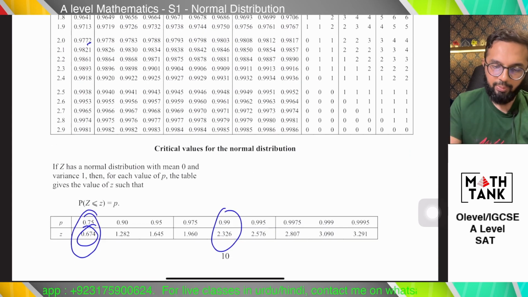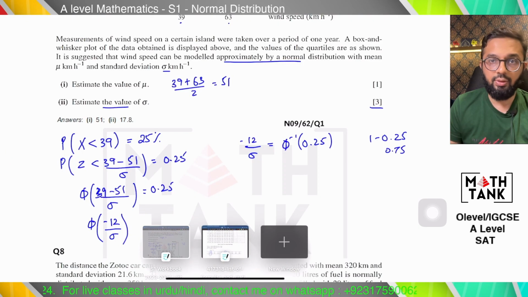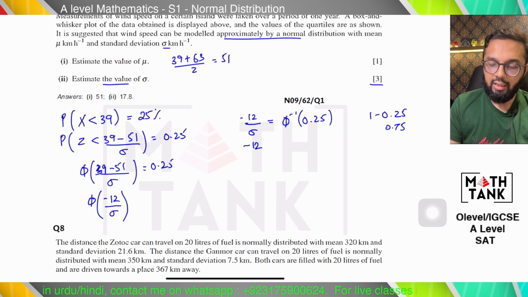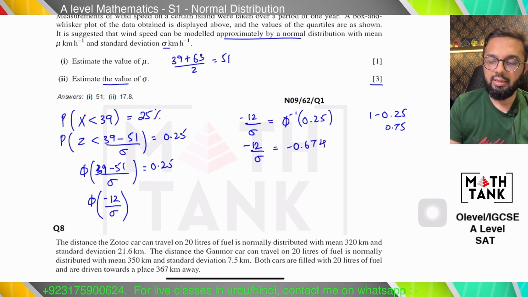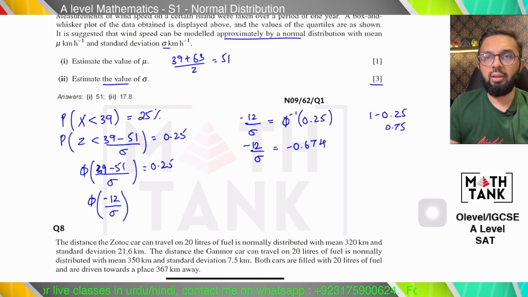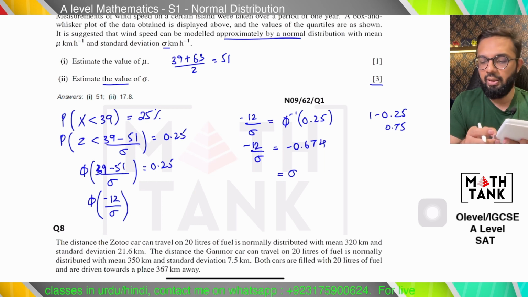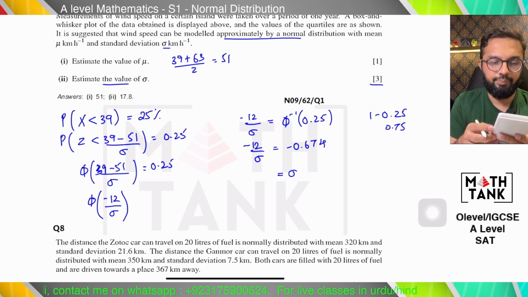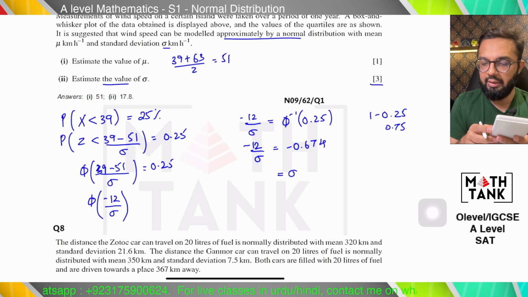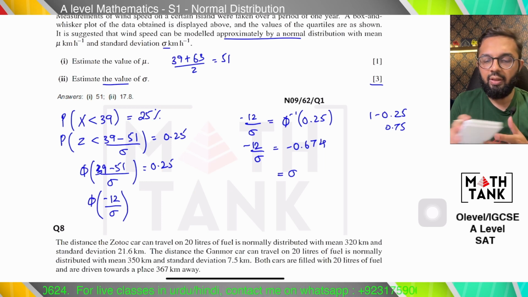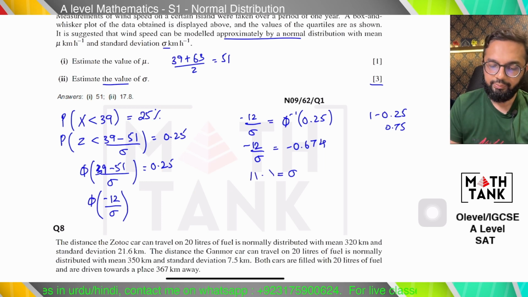That's 0.674. I remember this from yesterday as well. So instead of writing 0.674, I'm going to write minus 0.674 because I read the table in a different way. If you're doing this with the calculator, it can automatically give you that negative sign. So that solves the problem. So sigma is minus 12 divided by minus 0.674. So I get 17.8, and that is the correct answer.